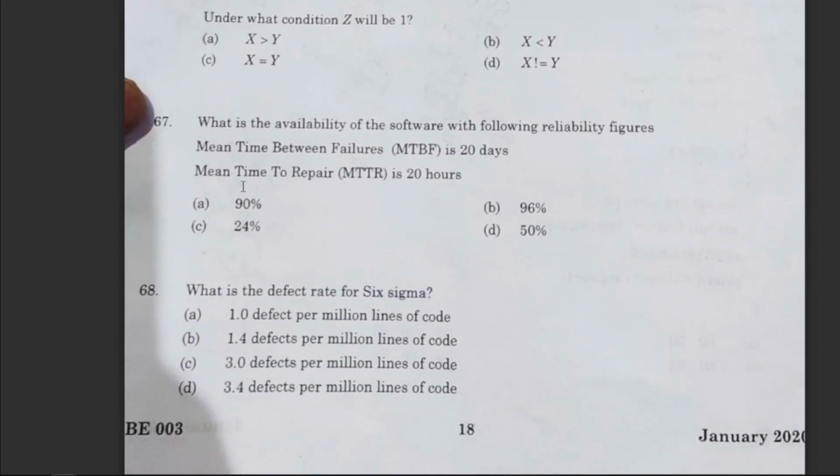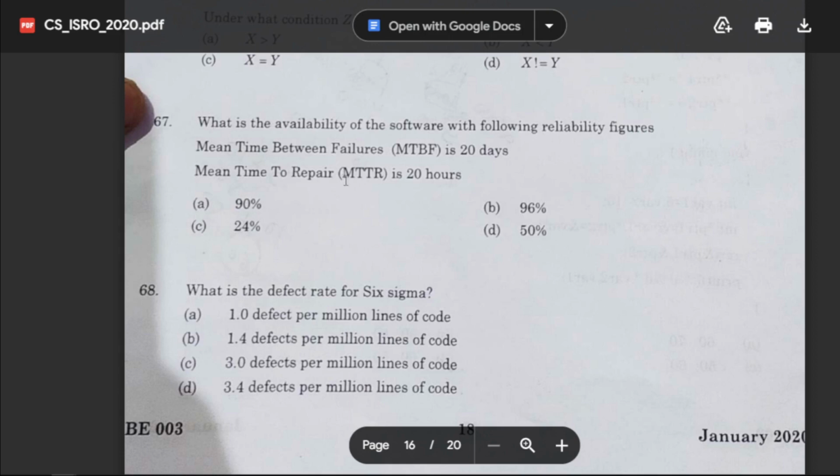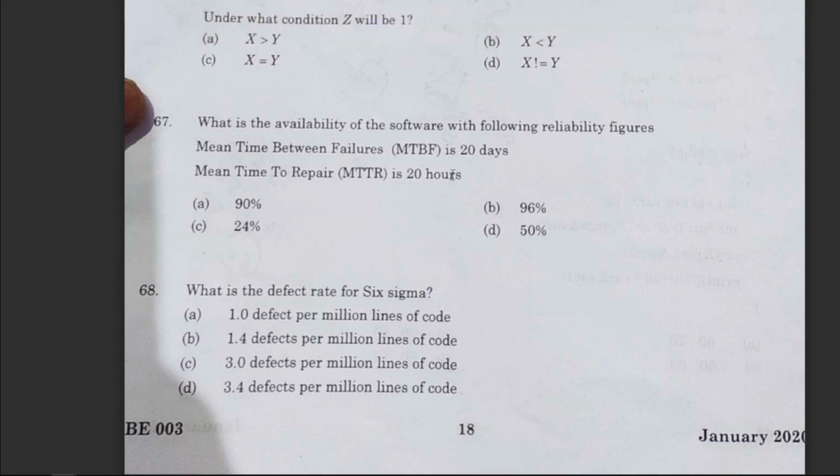67: what is the availability of this software with the following reliability figures? Mean time between failures, MTBF, is 20 days and mean time to repair, MTTR, is 20 hours. If you solve the question, hopefully you got the same answer, that is 96%.